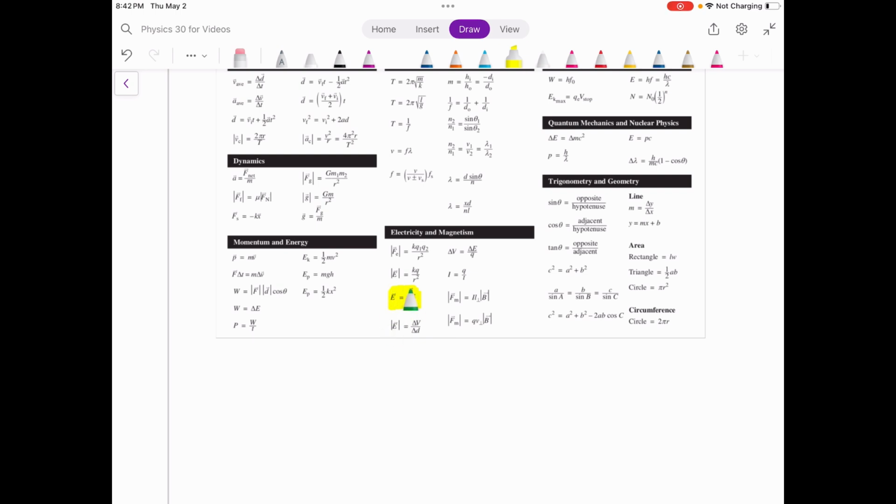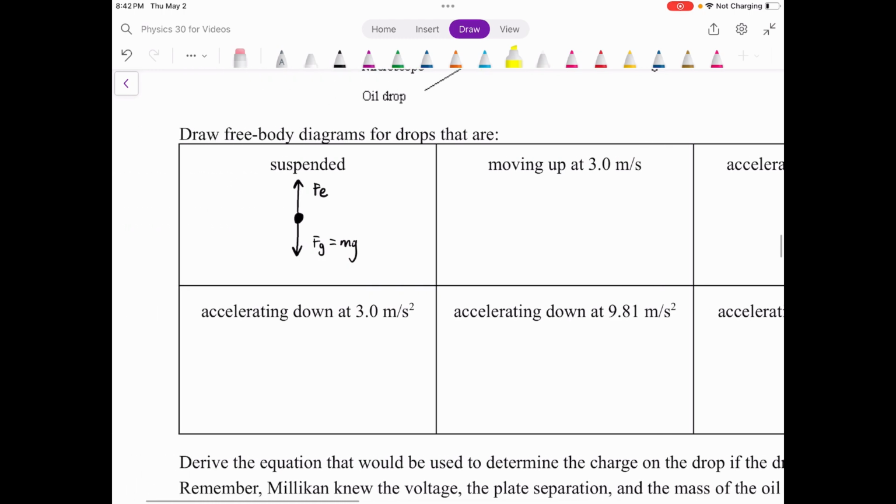So you can start to connect the dots here, right? With the voltage and the distance across the plates, you know the electric field. If you know the electric field you can figure out the electric force because it's balanced with the gravitational force, and you can easily calculate the gravitational force because it's just the mass times acceleration due to gravity, you can start to figure out what charge is actually on those oil droplets.